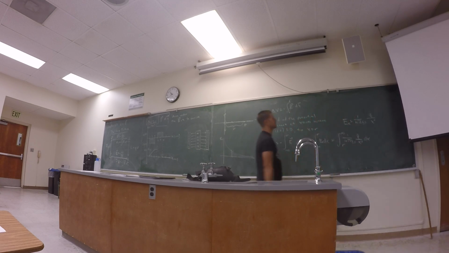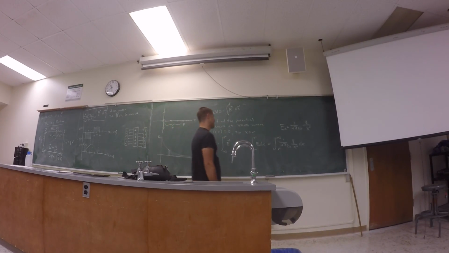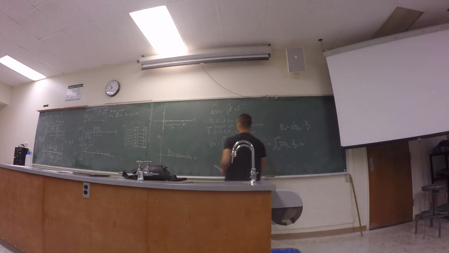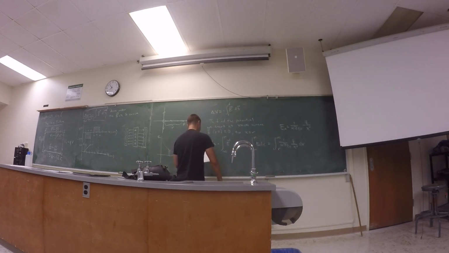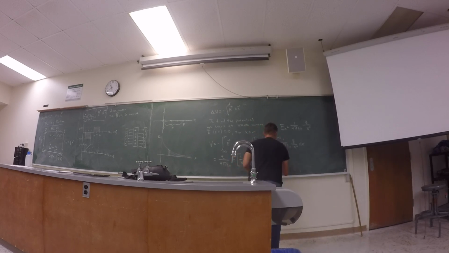dx. Now the only thing that's not a constant is the x, so everything else gets pulled out in front. The integral of 1 over x squared dx is pretty simple, and what you get is q over 4 pi epsilon naught times minus 1 over x from r to infinity, which, lo and behold, becomes 1 over 4 pi epsilon naught times q over r.